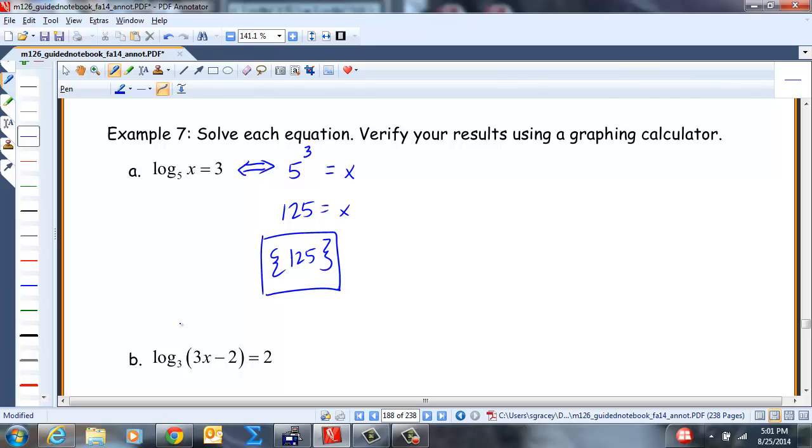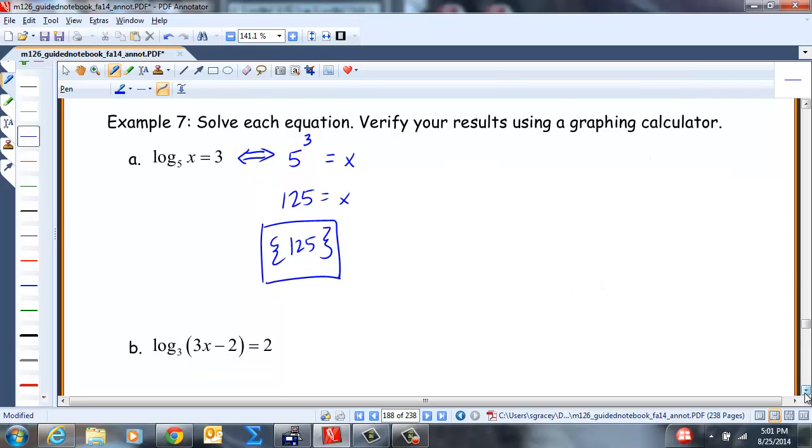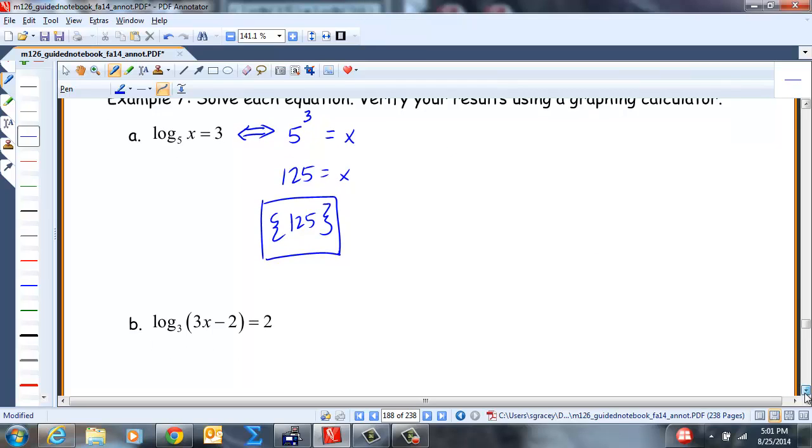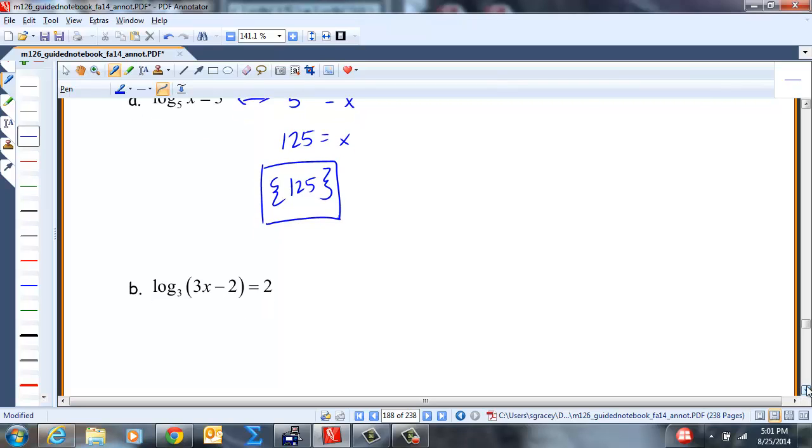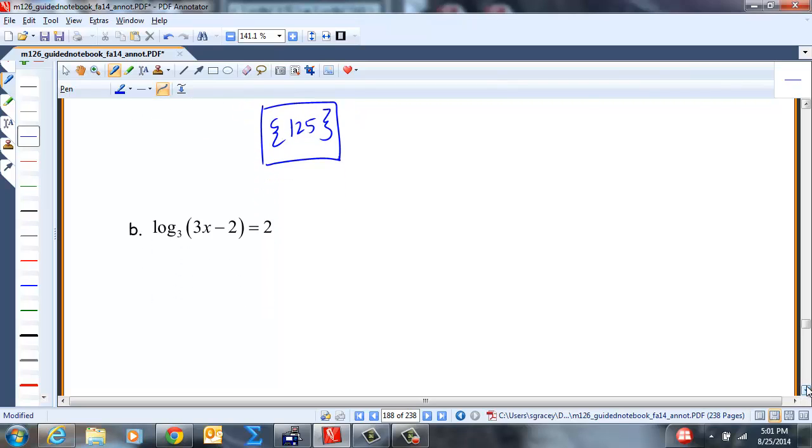So for this one, I think you'll just have to take my word for it. Once we learn the change of base formula, then you can check these on the graphing calculator. But now you'd just be checking your exponential. So, okay, if we get one more complicated, I guess we can check it.